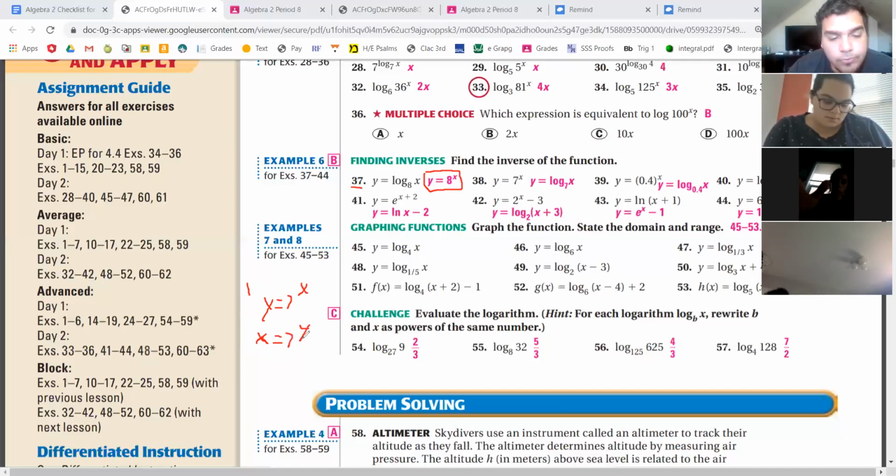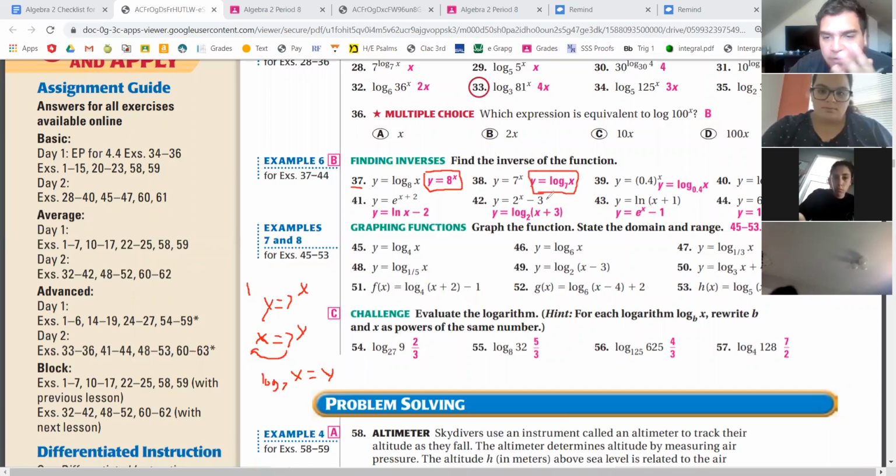When you move a base of an exponent, it does the opposite when you change it. So it becomes the base of a log. So it's log base 7 of x, normal size x, I should say, equals y. And that matches what is over here. Again, if you put the y in front and back, that doesn't matter.